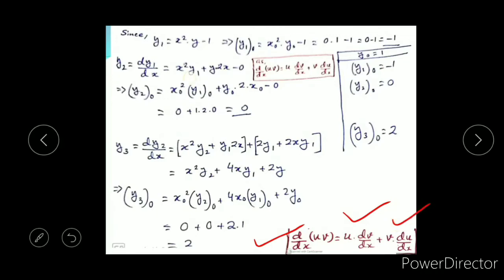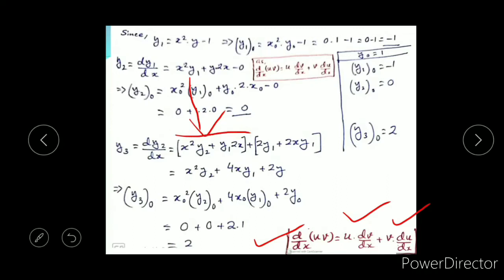So for the derivation of x square y1 we will get x square into the derivation of y1, that is y2, and then y1, the second function, into the derivation of x square, that is 2x. So this we get from the first term.